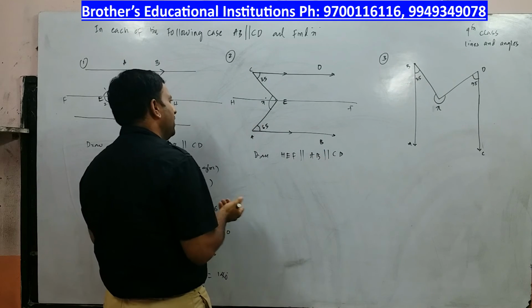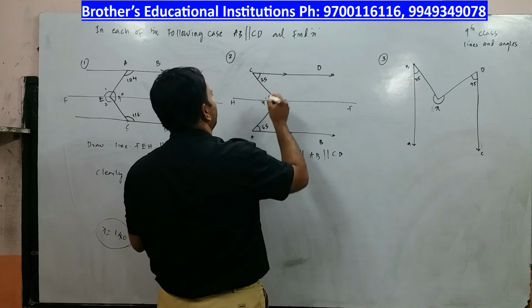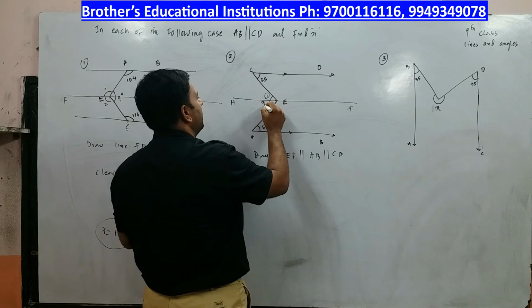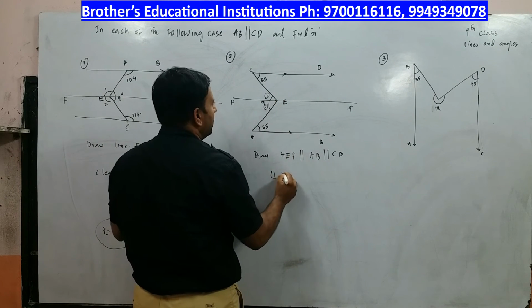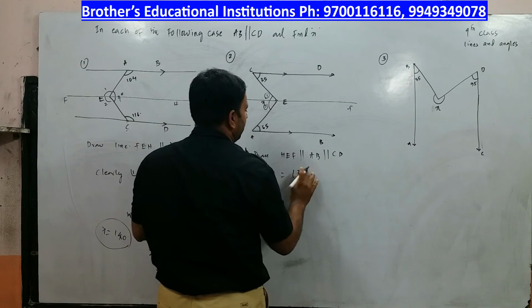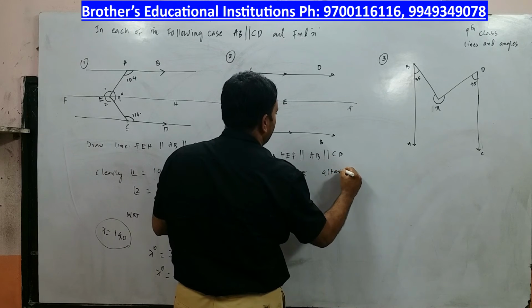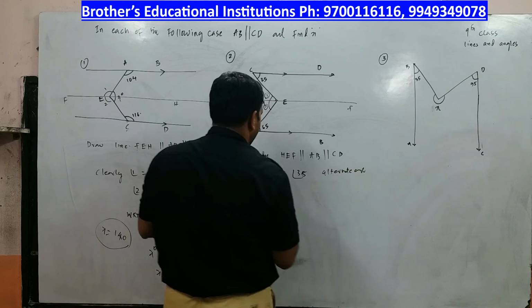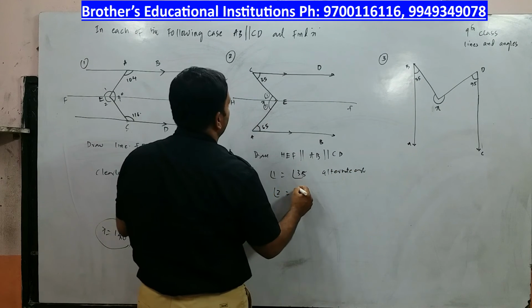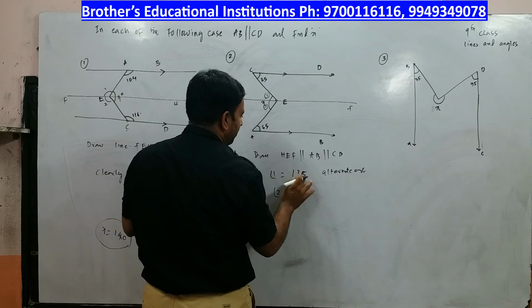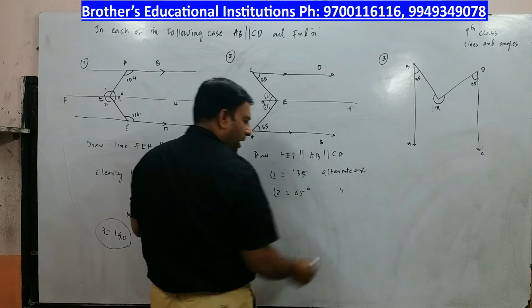Now once you draw HEF parallel to AB, this angle I am calling 1 and this is 2. Angle 1 is equal to 35 degrees. Why? You can see this is a transversal and they are alternate angles. And angle 2 is equal to 65 degrees. Reason? Alternate angles.